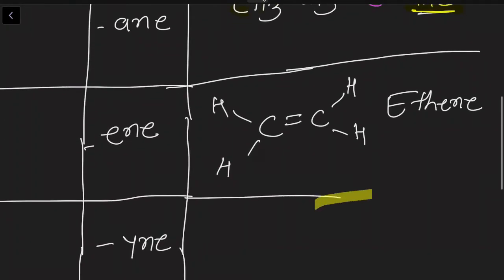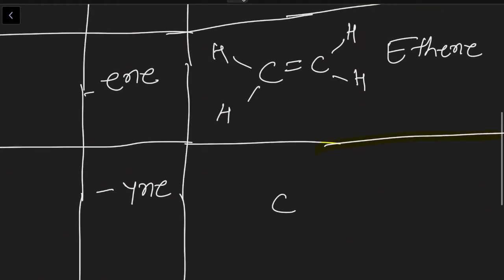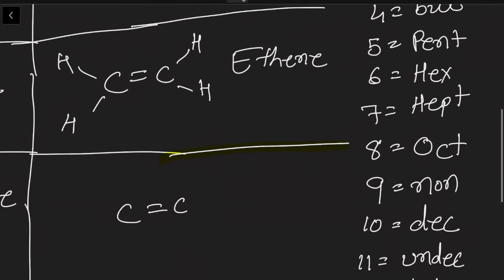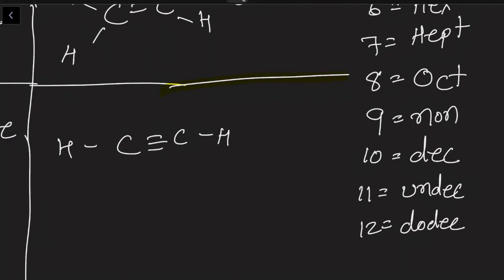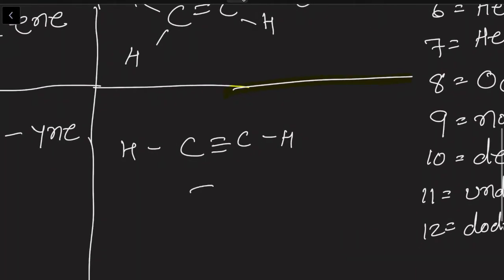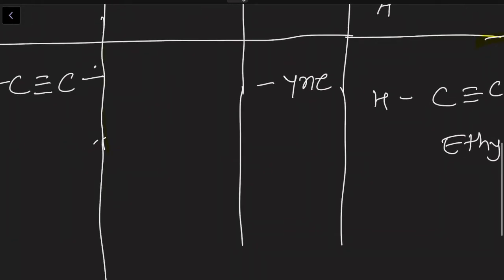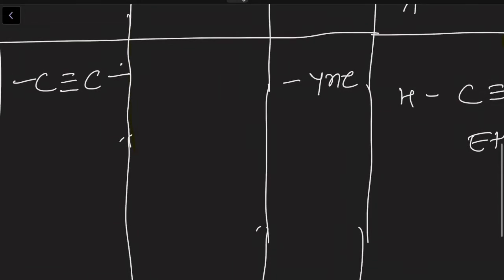And if we give the same example with 2 carbons, which is called eth, like we learned right here, with a triple bond, this is called ethyne.